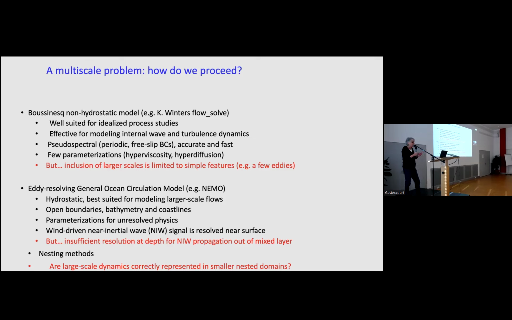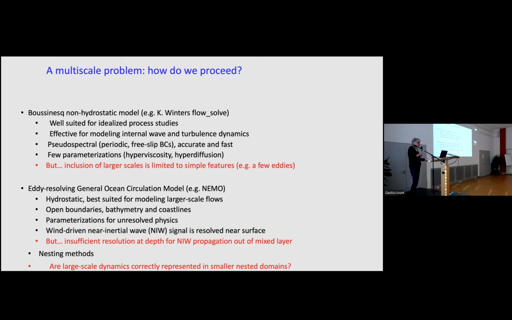And so the boundary conditions have to be simple, periodic or Neumann or Dirichlet. And the advantage is that they rely on few parameterizations, namely hyperviscosity, hyperdiffusion, but nothing else. But as I said, the inclusion of larger scales is quite limited to very simple features.